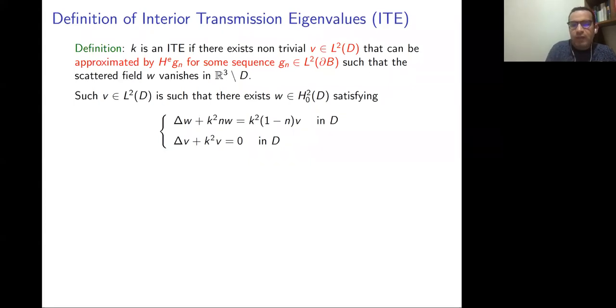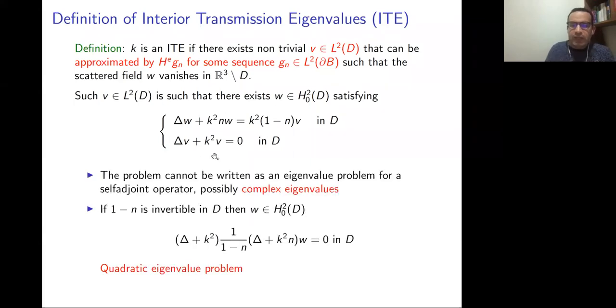So we obtain some kind of resonance, but for a coupled problem. And there has been rich literature on the study of this problem in recent years. In fact, the main difference with the Dirichlet problem, or the obstacle problem, is that now we have a non-self-adjoint spectral problem for which there may exist complex eigenvalues.